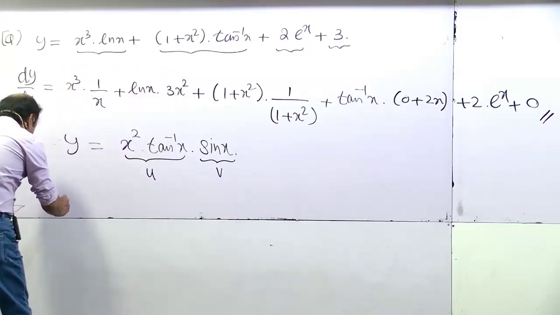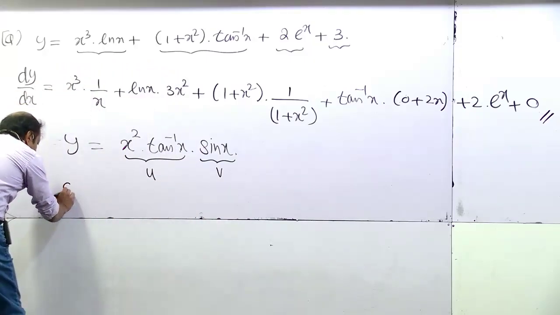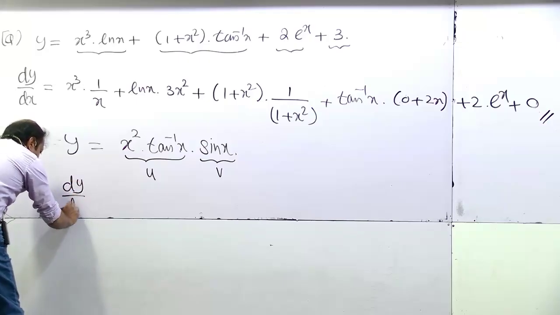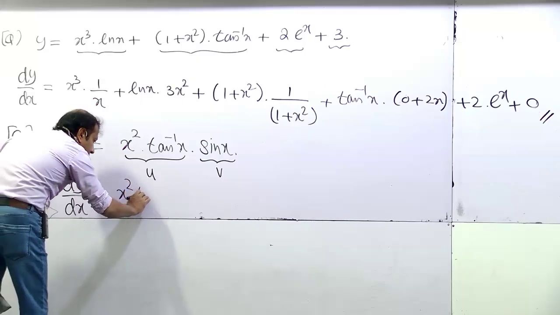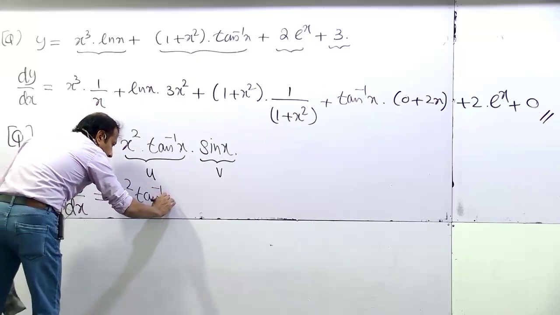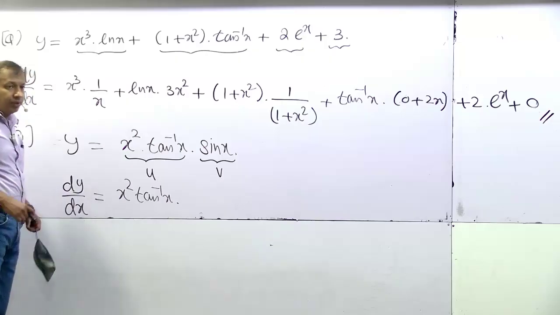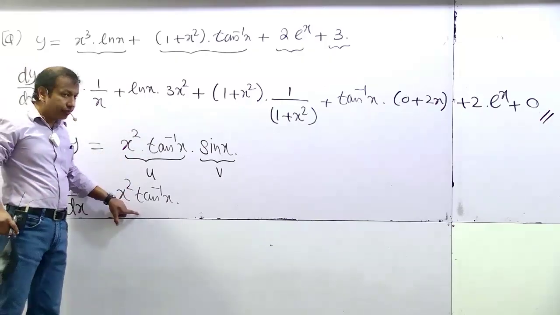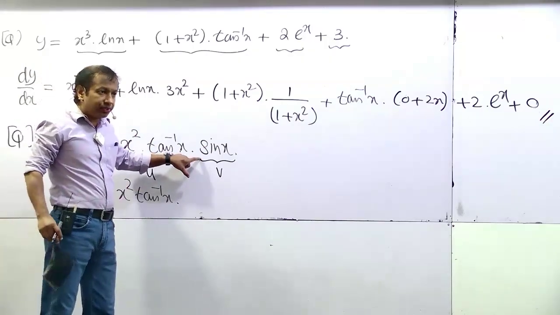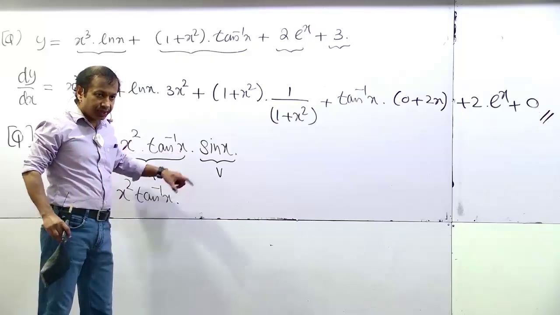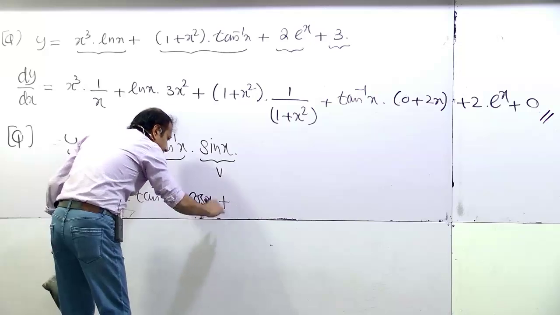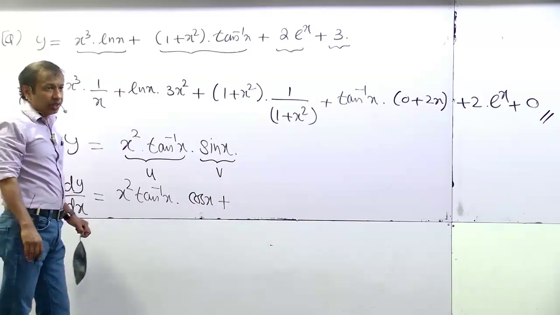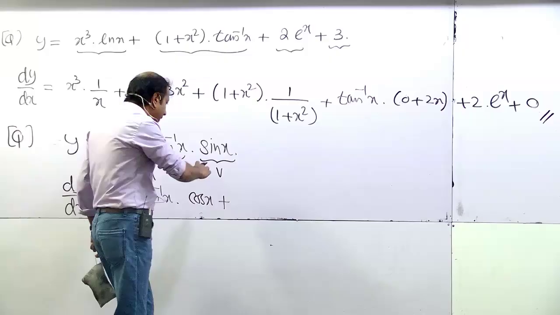dy over dx of x squared tan inverse x sin x. First function we keep the same. Derivative of sin x is cos x, right here. Now plus, the differentiated function we have to keep the same, that is sin x.